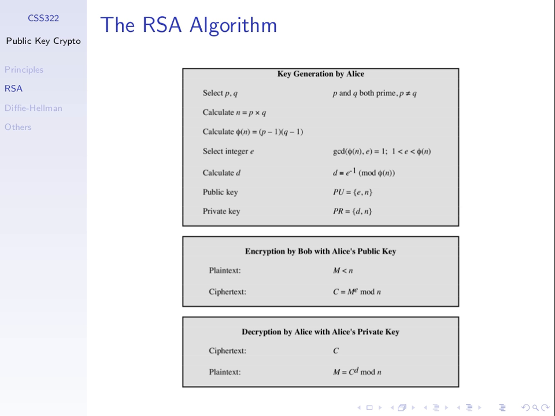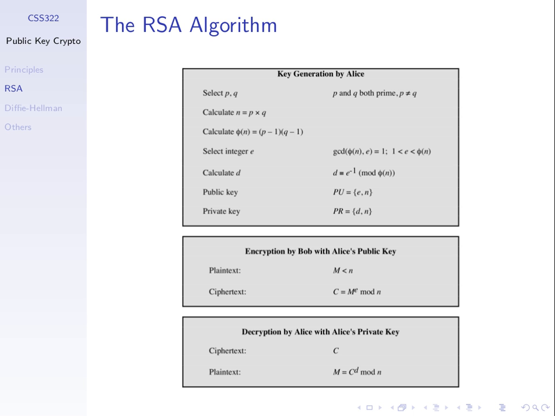Select some integer E such that it's relatively prime with the totient of N. That is, the greatest common divisor of the totient of N and E is 1. Again, there is an algorithm for calculating that. Calculate D, which is the multiplicative inverse of E mod the totient of N, and we have our two keys, our public key and private key. So every user in the system, all of you, when you want to use public key cryptography, you need your own pair of keys.